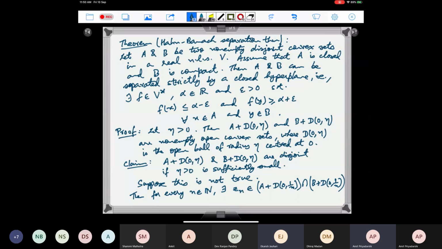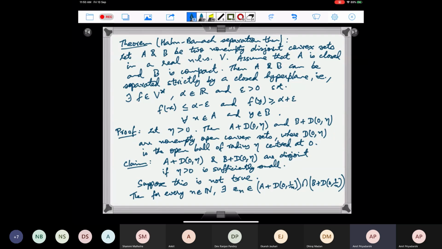Sir, this normed linear space would be a normal topological space, right? Yes. So by the T4 axiom, we can obtain open balls containing A and B. So they will be convex also. You can use some other results and then do this. See, in a normal space you can use Urysohn's lemma.